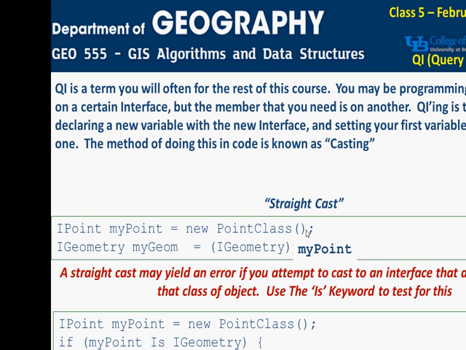So here, if my point is iGeometry, that will return true if my point can be cast to iGeometry. And then you can proceed and make your cast. Since this is relatively static in code, this isn't always necessary. But here's how you can test beforehand, if you need to, whether this object is castable to that interface.